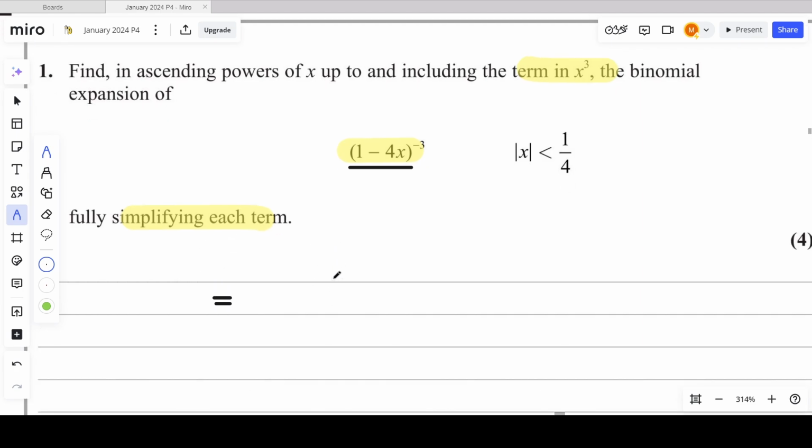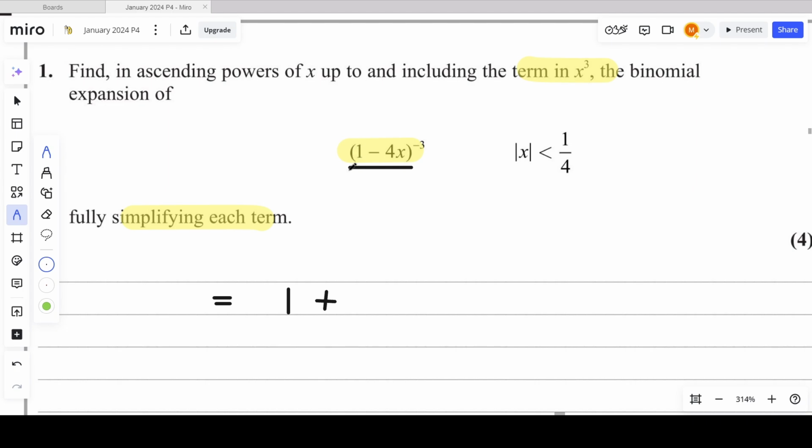At first, for the binomial expression, the first term is 1, so the first term of the expansion would be 1 to the power inverse 3, right? 1 inverse 3 is 1, so let's ignore the power. Then plus again it will be the power from the first term.